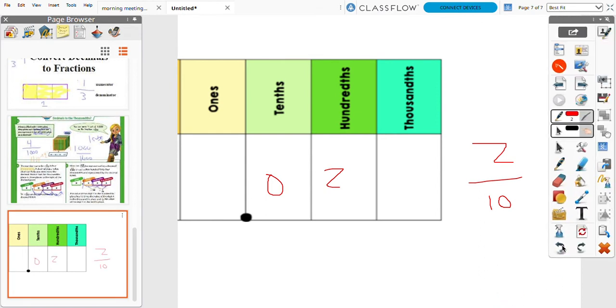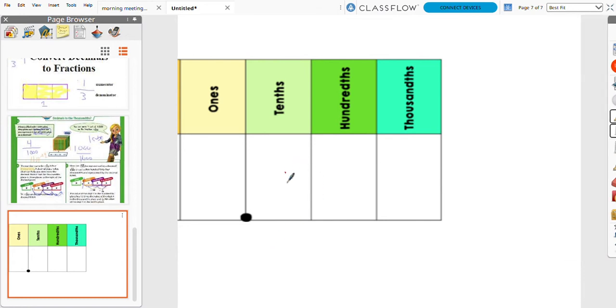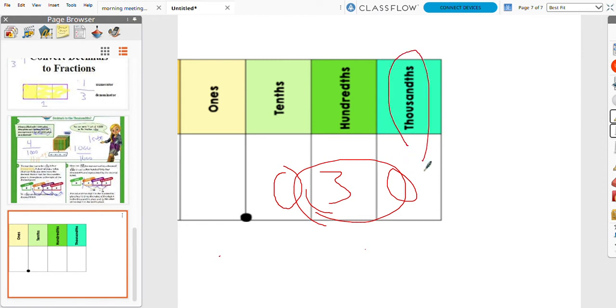What if you have some of the trickier ones, like, say, this one? That one is read as 30 thousandths, right? 30 is my number that I can see, 30 thousandths.